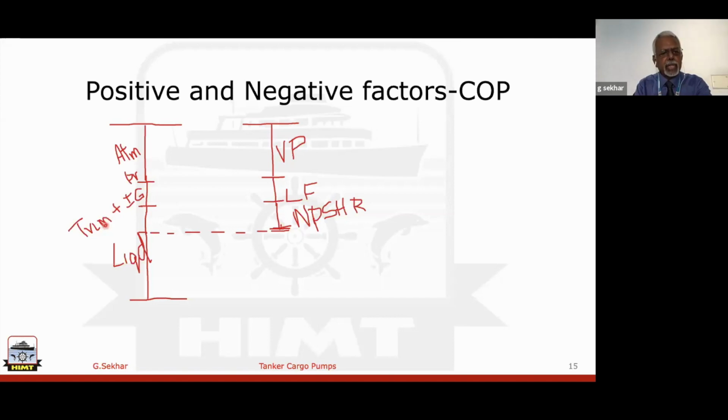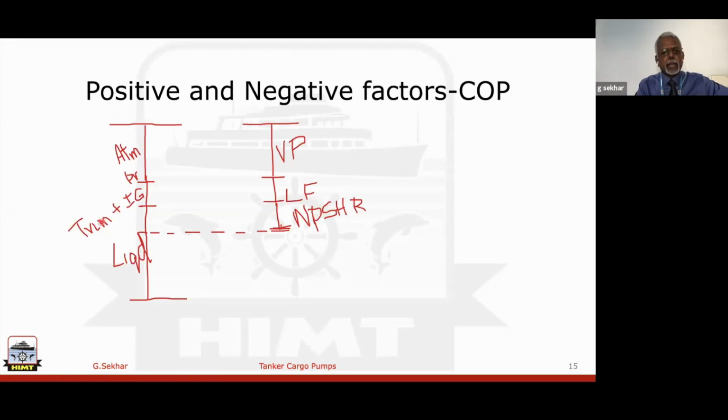But then, you must have seen that whenever we do cargo discharge, we always have trim by stern. This trim by stern keeps increasing, and during stripping time you will find we go right up to 3 meters or 3.5 meters down by stern. So the trim is also going to help us.